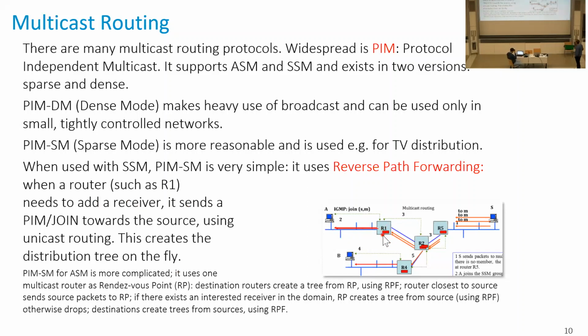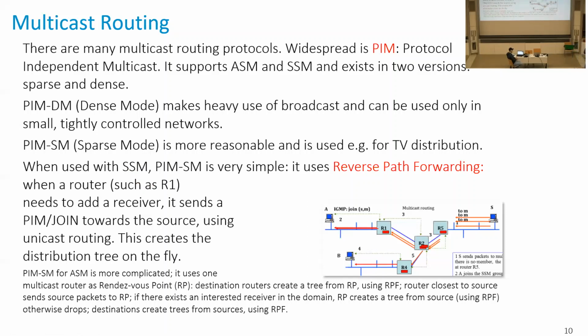So the job of R1 now is to inform all the routers on the path between itself and the source that they should build the distribution tree to send the information back to R1. But that's very simple, at least in the case of SSM, source-specific multicast, because the identity of the group contains the source.